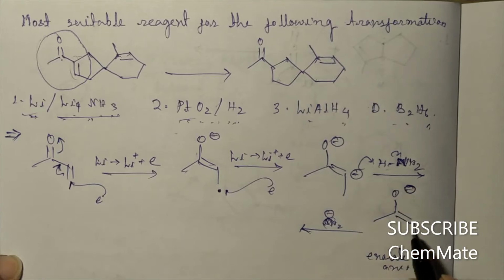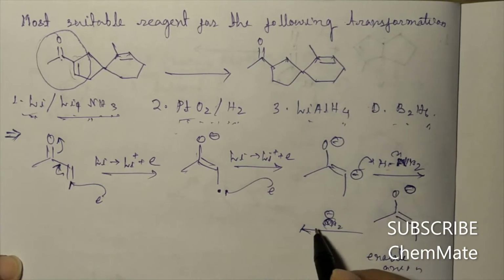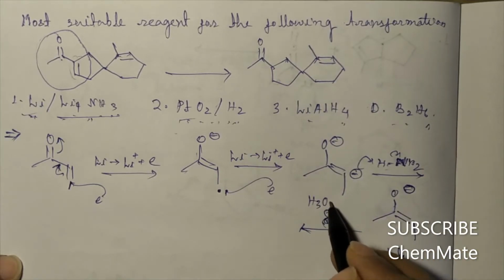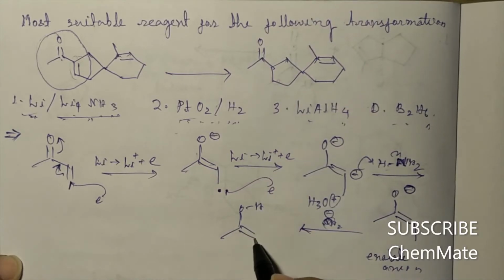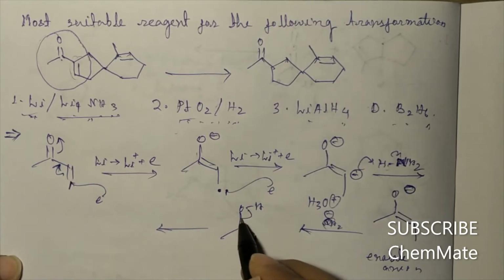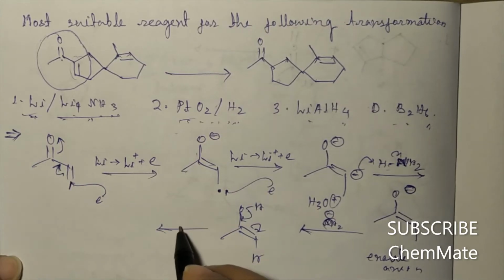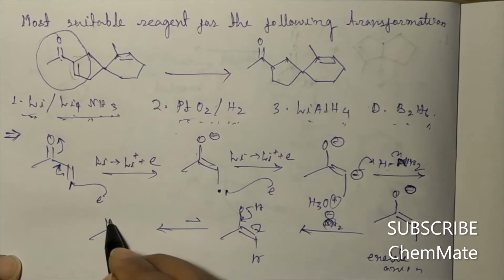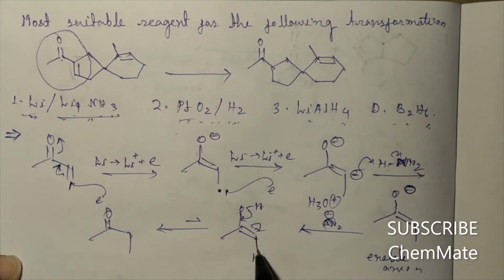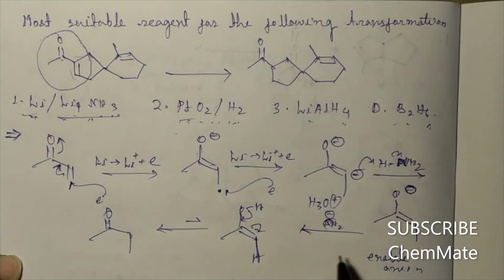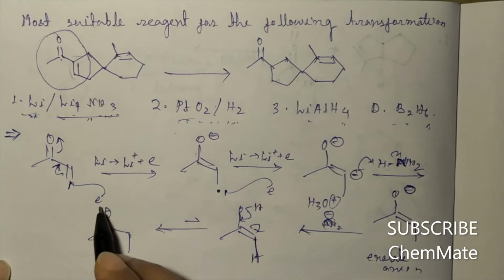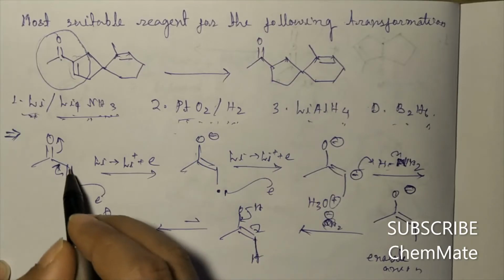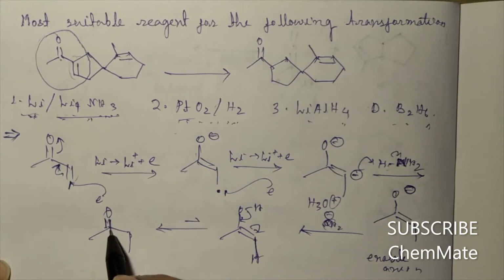After this, if we acidify the reaction condition, it will be converted to OH, and then it will tautomerize to the corresponding ketone. That's why in liquid ammonia we will get the product like this, only this double bond reduced, but the keto group will remain intact.